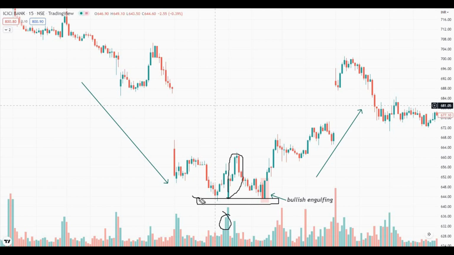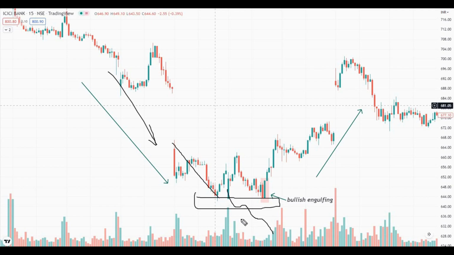So you should always combine market structure, trend analysis and volume along with a candlestick pattern. Then your winning probability or winning ratio will be much higher in the markets. See here what happened. Prices were in a downtrend, then at these levels prices couldn't break through and continue the downside momentum.